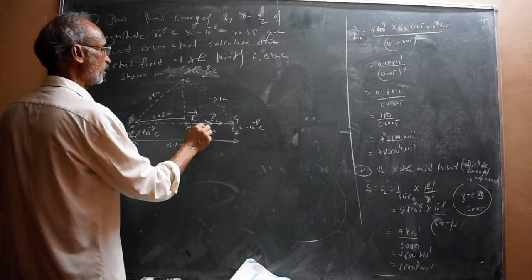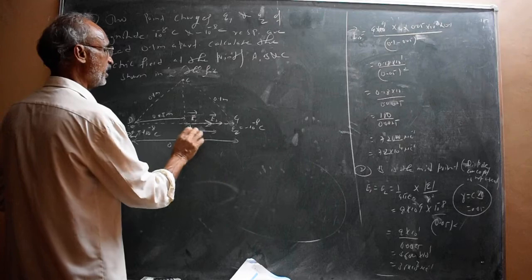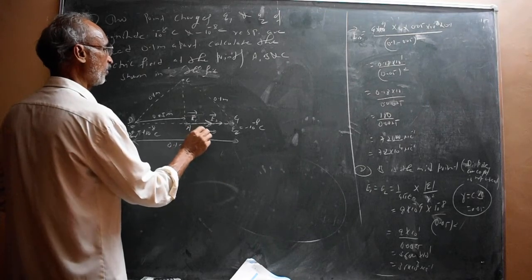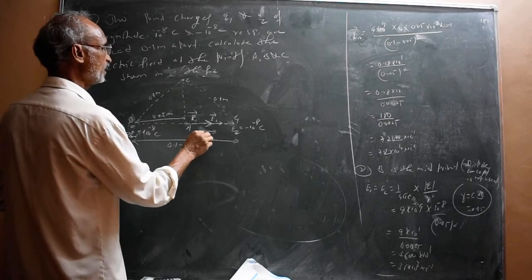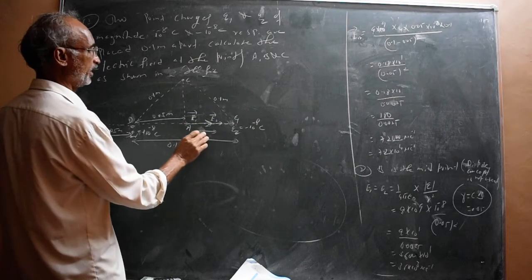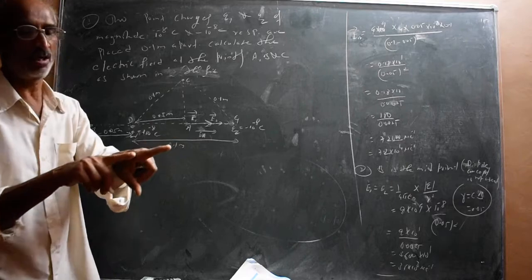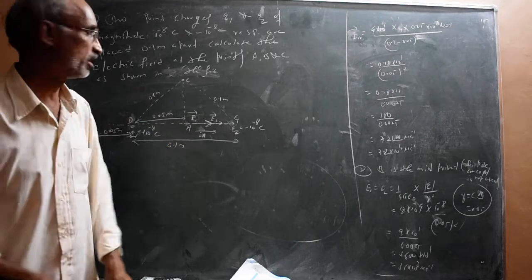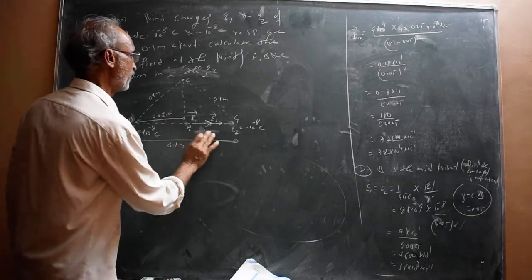Therefore EA bar is the resultant of E1 and E2. It should be in the same direction as E1 and E2, because two vectors are acting in the same direction, so the resultant is also in the same direction. This is EA bar.